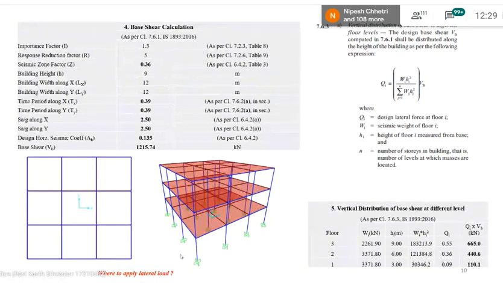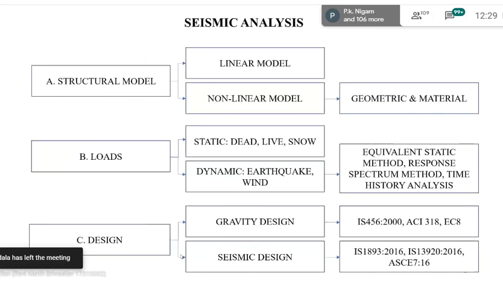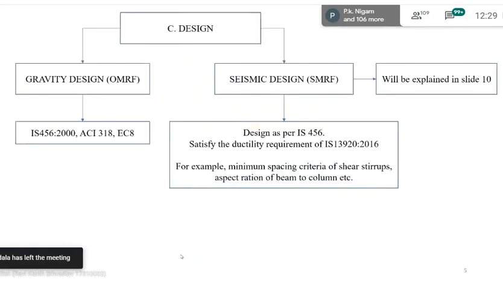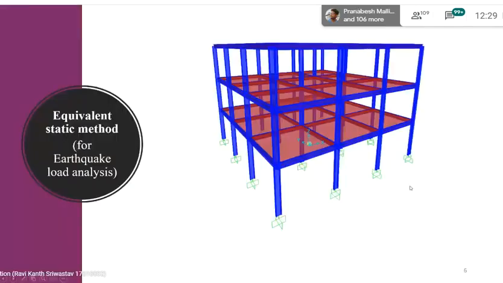Okay, now we know what is the force acting at the base of the building, but we need to distribute it into various stories, like the diagram which I showed earlier. So we need to distribute the force acting at the base to its various stories.